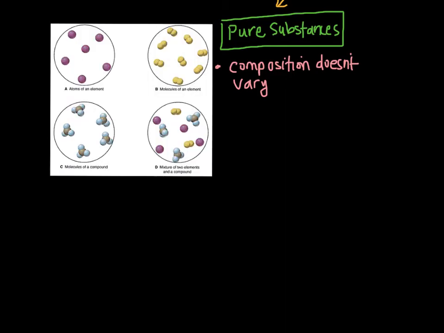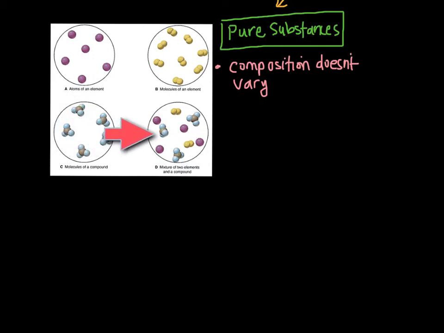If you were to look at the composition of a pure substance at a molecular level, you would notice something really interesting. You would notice that there is only one type of element in that compound, so that's why it doesn't vary in composition, or one kind of molecule, like here or here, throughout the whole thing.